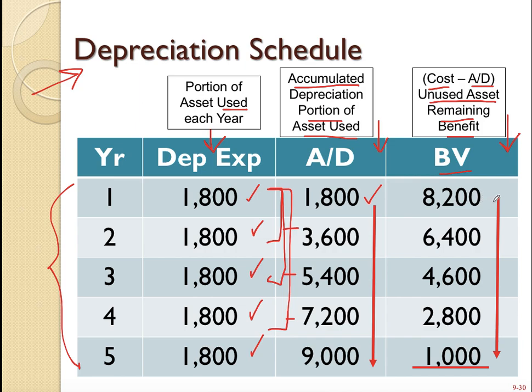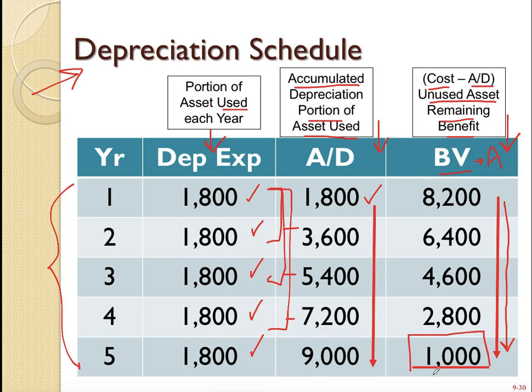And what you'll notice is over time, it goes down, down, down, down, down, because we keep using more and more of it, so our future benefit goes down. Remember, this is the piece that's going to show up as the asset on our balance sheet. So that future benefit is going down, down, down. And if you notice at the end, we go down to $1,000.